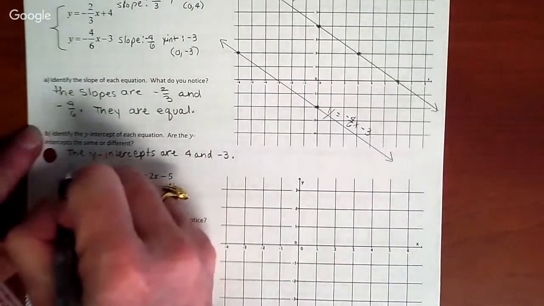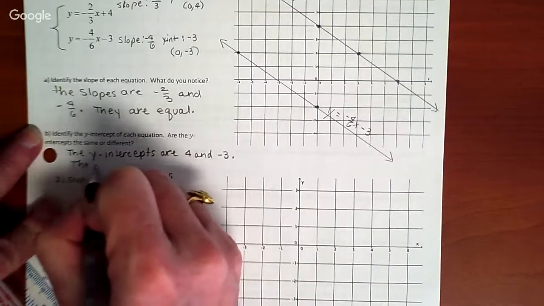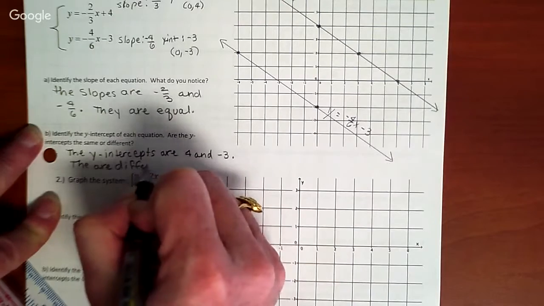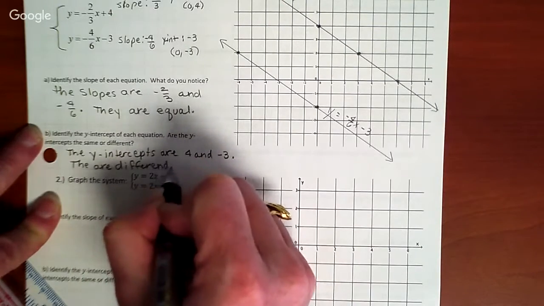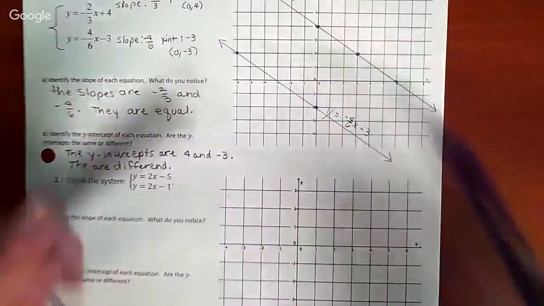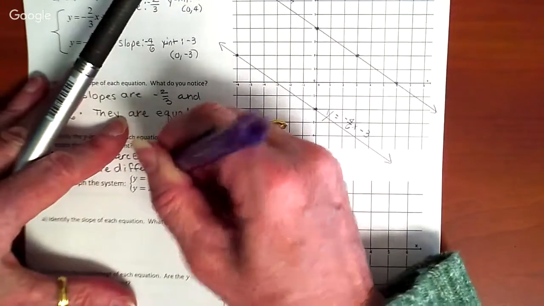Excuse me. They are different. And let me spell different correctly. Instead of with a D, let me put a T in there.